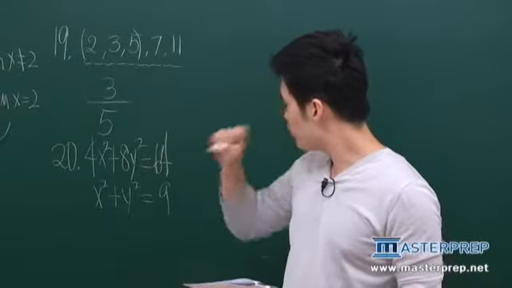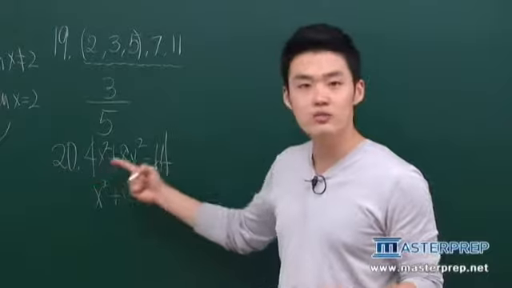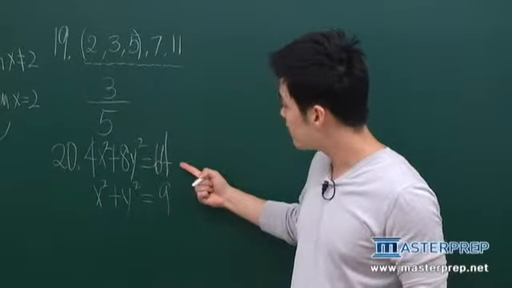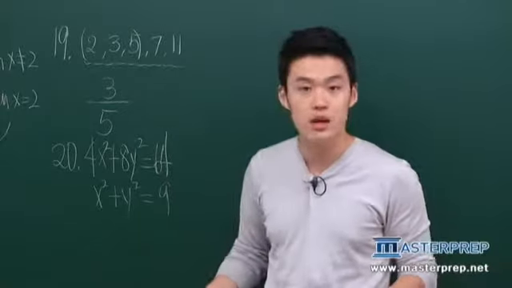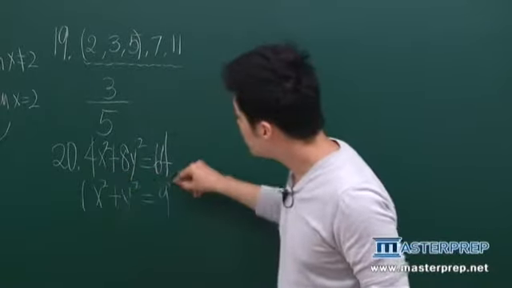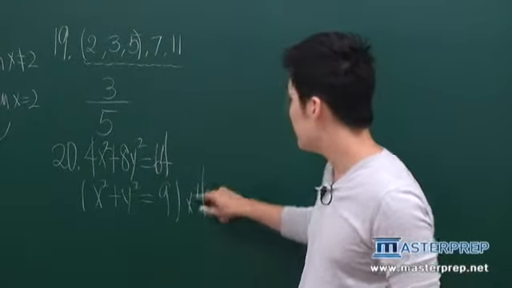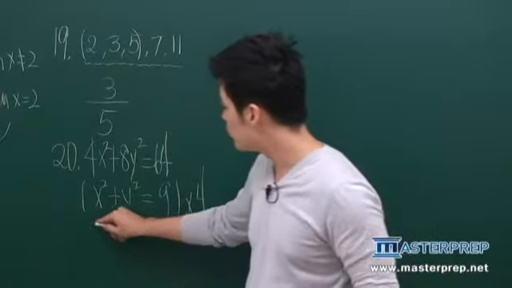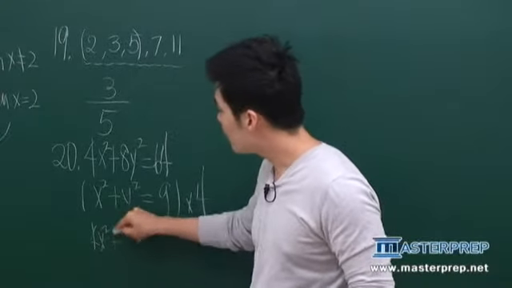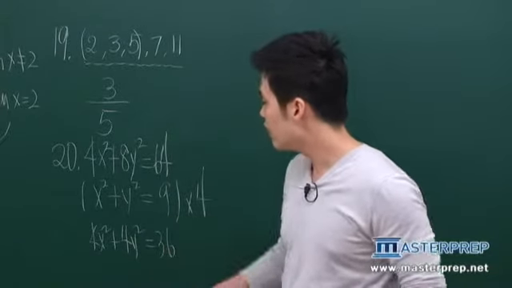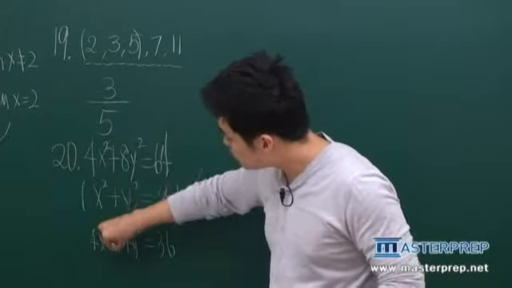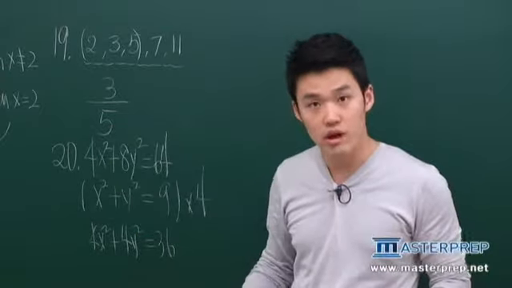We must find a solution that satisfies both equations at the same time. So we could use a systematic approach by multiplying the second equation by 4, which becomes 4x squared plus 4y squared equals 36, right? And we could subtract this from that one.